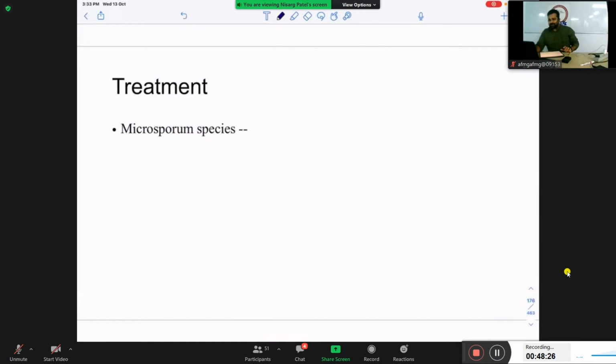Now, coming to the treatment part, what is the treatment? Microsporum species most commonly cause gray patch alopecia, and only some types of carrion are caused by Microsporum.